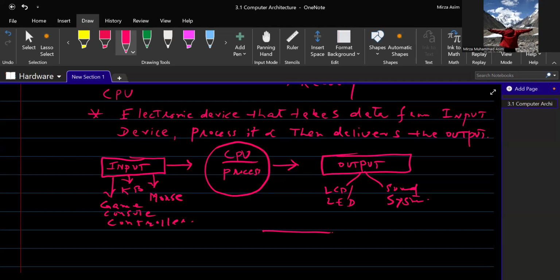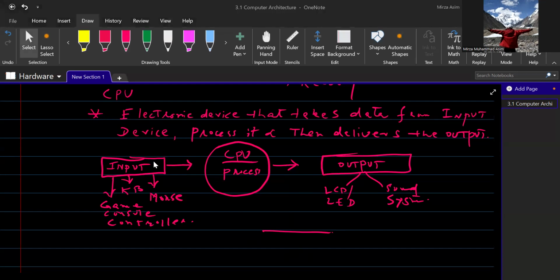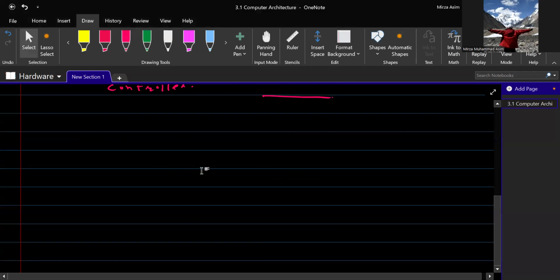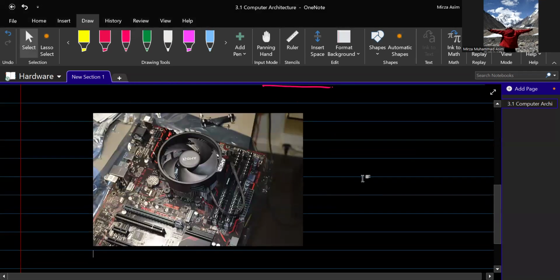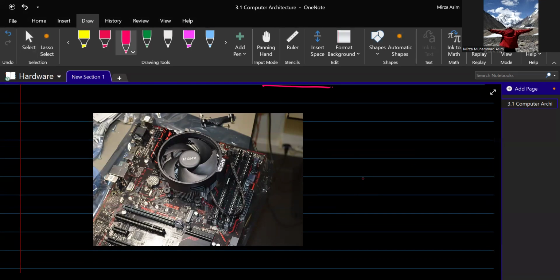If I can show you the picture of the CPU installed on the motherboard. So just a second. This is the motherboard.